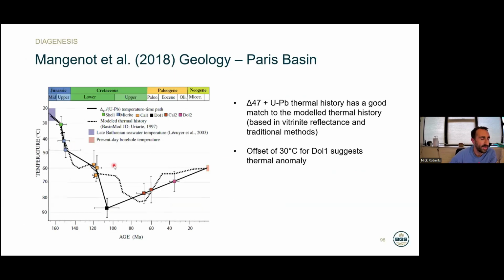And they combine these with clumped isotopes, and what you get then is a range of temperature time estimates. You can compare that with the estimated burial model of that basin. And when we have this offset, that suggests that there's a thermal anomaly within the basin.